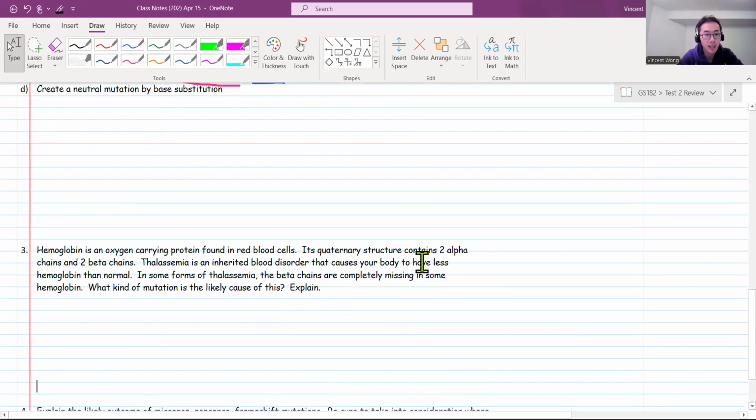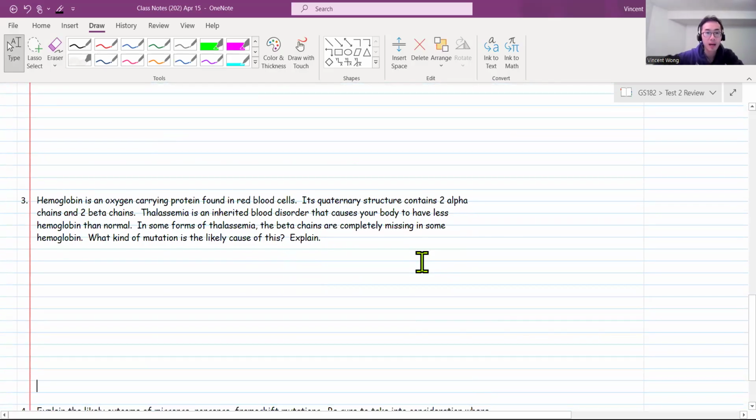Hemoglobin is an oxygen-carrying protein found in red cells. Its quaternary structure contains 2 alpha chains and 2 beta chains. Thalassemia is an inherited blood disorder that causes your body to have less hemoglobin than normal. In some forms of thalassemia, the beta chains are completely missing in some hemoglobin.